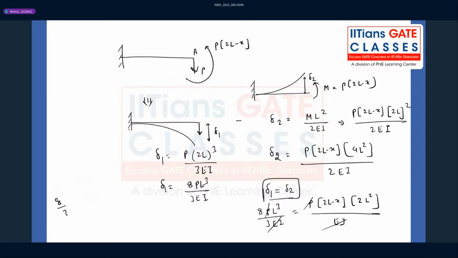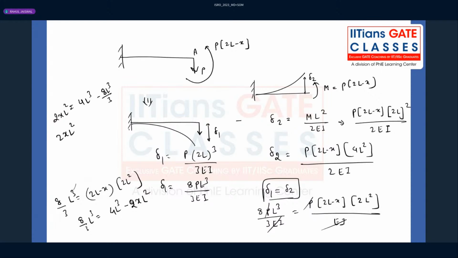We can write 8 by 3 into L cube equals 2L minus X into 2L square, that is 4L cube minus 2XL square. So 2XL square equals 4L cube minus 8L cube divided by 3, so 2XL square equals 4L cube divided by 3.